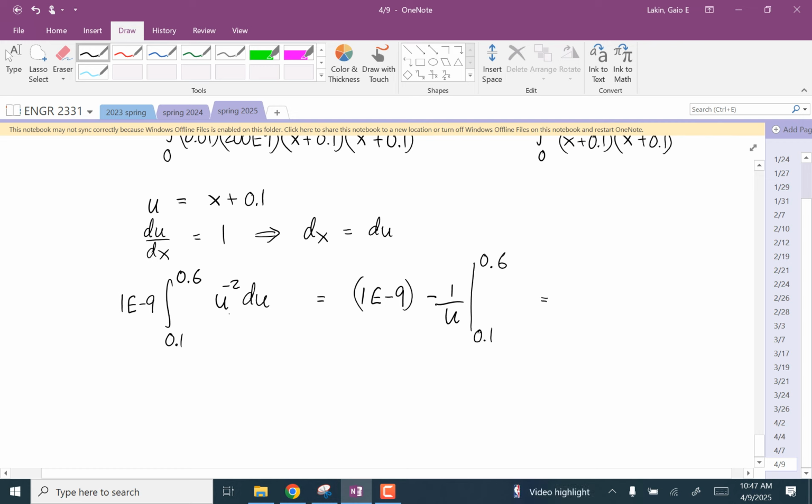And so we have 1 times 10 to the minus 9 times 10 minus whatever 1 over 0.6 is.